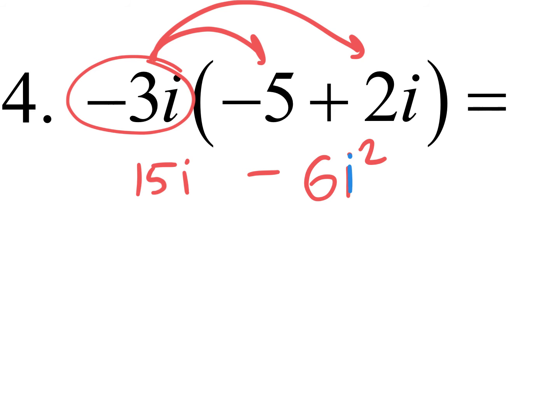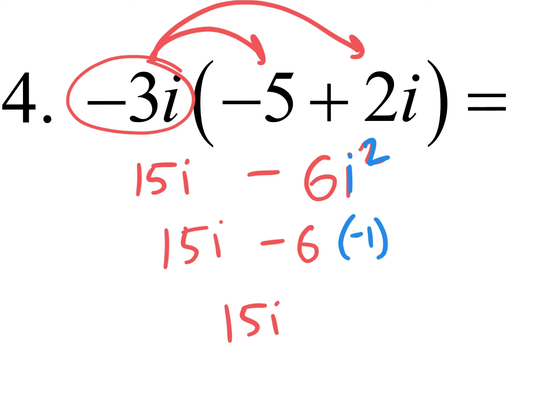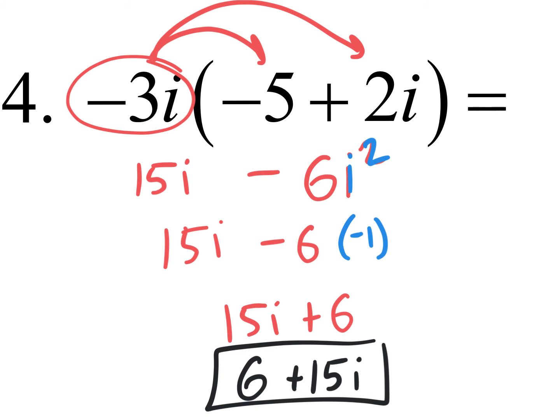But remember, i squared is really -1. So what you really have is positive 6. So you have 15i minus 6 times -1. That's 15i plus 6. This is not the correct answer because it's out of order, right? Let's put the real part first, the imaginary part second. There's your correct answer right there.